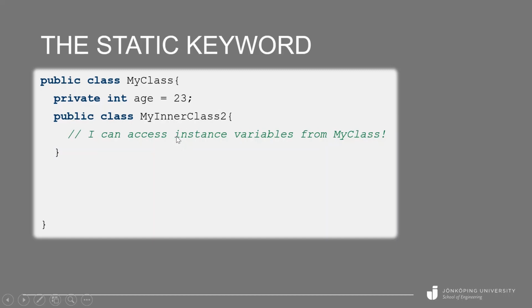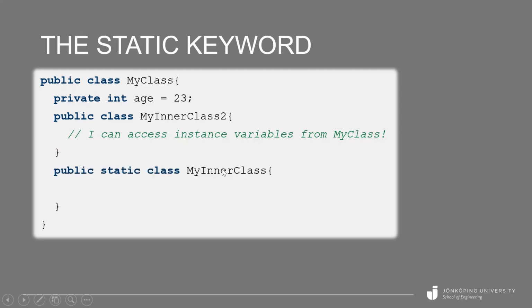The problem here is that each time we create a new instance of this class, Java creates a new class to represent the inner class. So if we have the code here and create 3 instances of my class, then in total we have 4 different classes. We have my class, and then we have 3 different versions of my inner class too. So that is quite bad.